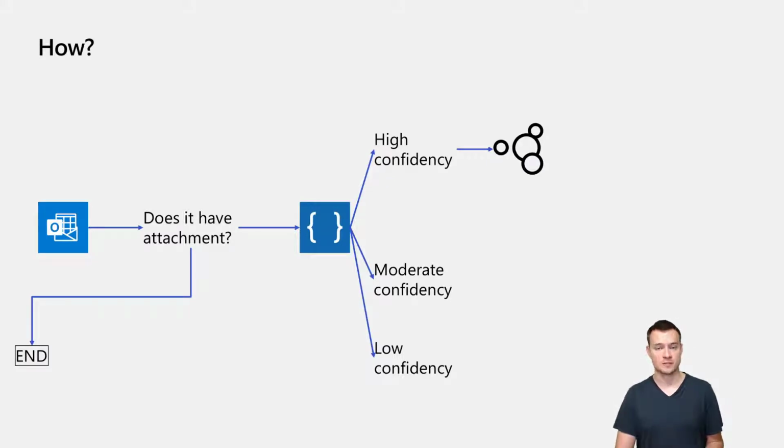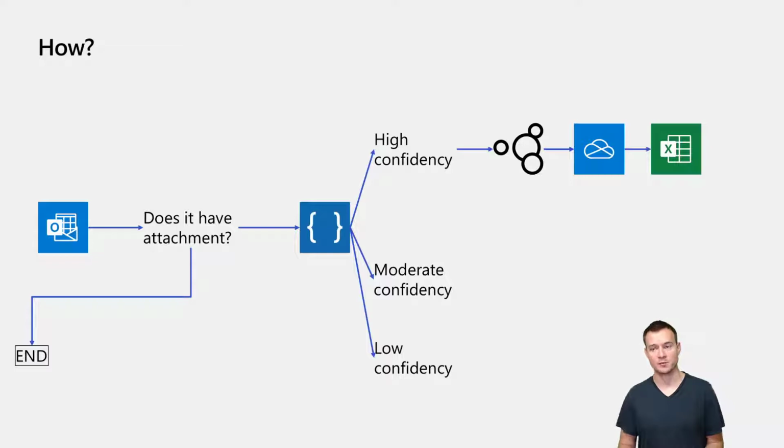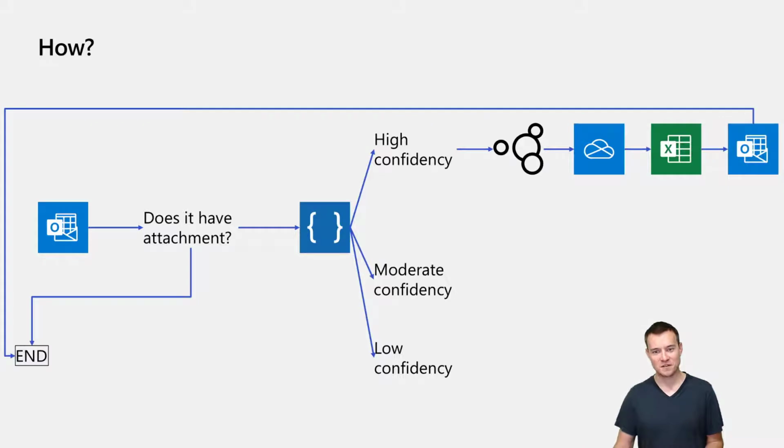After the data is recognized or not, the file is stored to OneDrive, and finally the record is also saved to an Excel file with information: when should I pay this invoice, what is the issue date, what is the number, what is the VAT number, all the details about the invoice, if they were recognized by the AI model, of course. And finally, this is the second finally, this document is sent to my accountancy, and then the process ends.